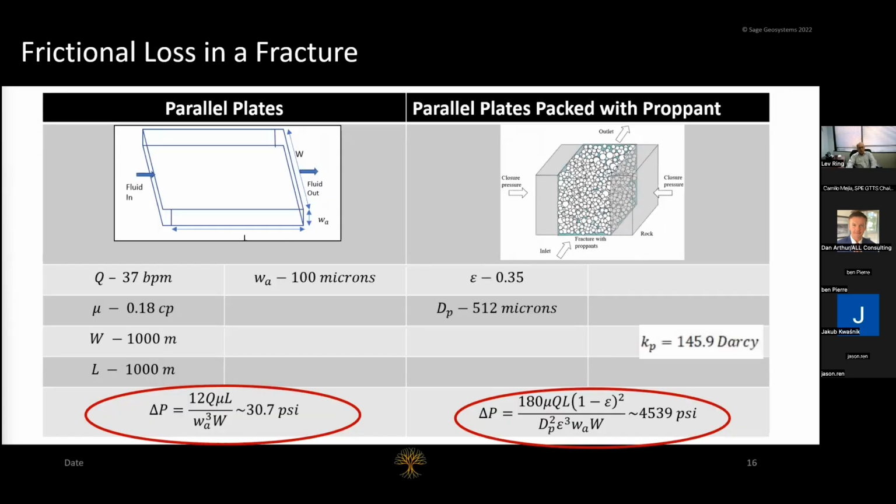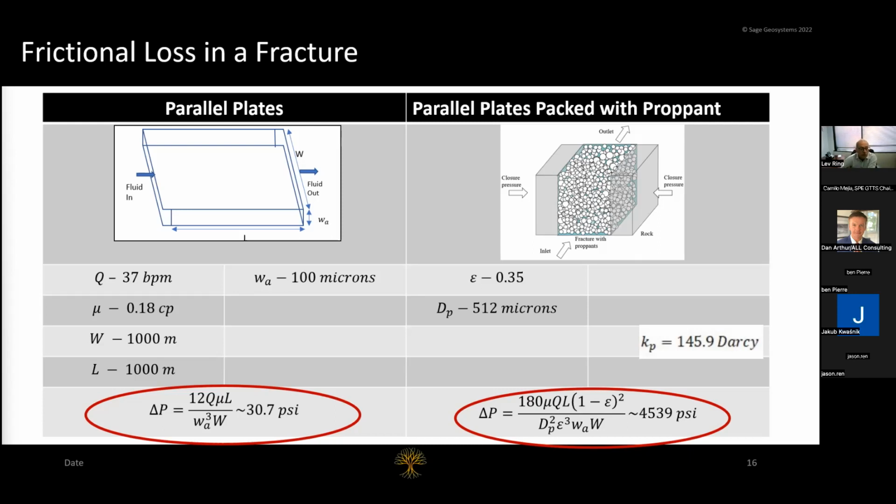The problem is that you have 2 choices. Either your fractures are open, and then you can estimate friction loss between parallel plates. If you assume fracture opening is like 3 millimeters, 0.1 of an inch, then it's absolutely negligible.